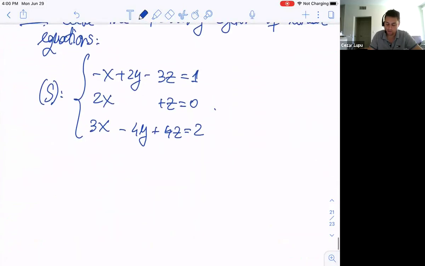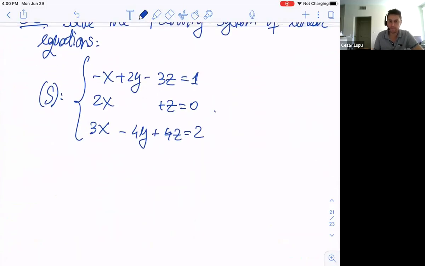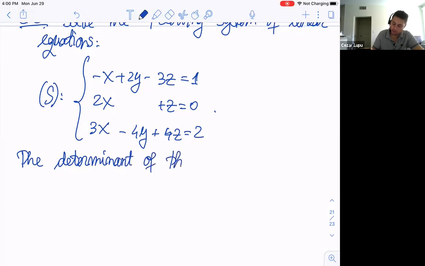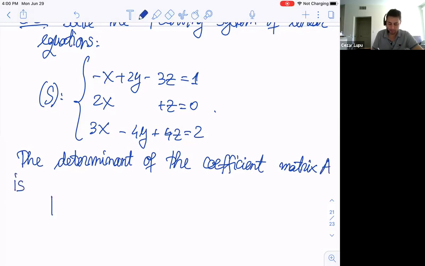In other words, the determinant of the coefficient matrix is not 0. Let's denote this matrix by A.